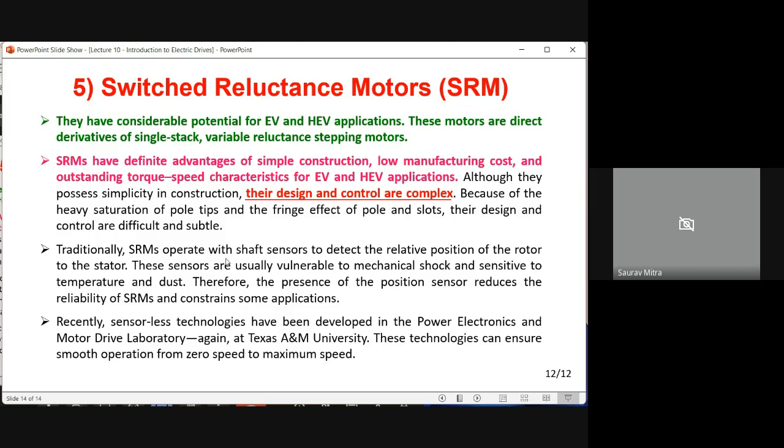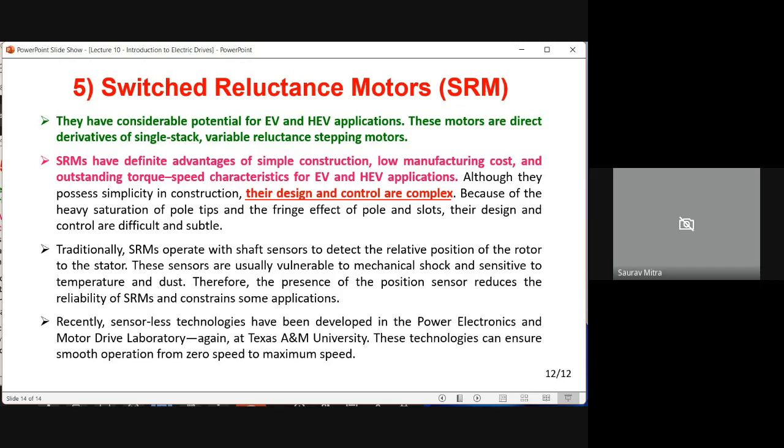The fringing effect is this: suppose you see a horseshoe kind of magnet, so there is a north pole and south pole, and between them there is air. As long as the flux lines are passing through the magnet, they will all concentrate and stay within the magnet because they want to follow the least reluctance path. Whenever the flux lines are passing through the magnet, the opposition offered to the flux is least.